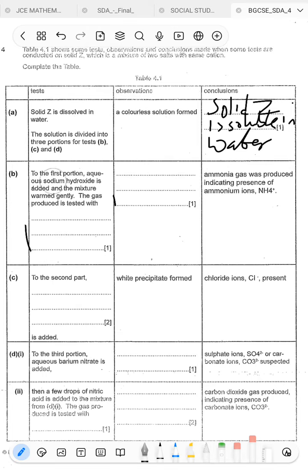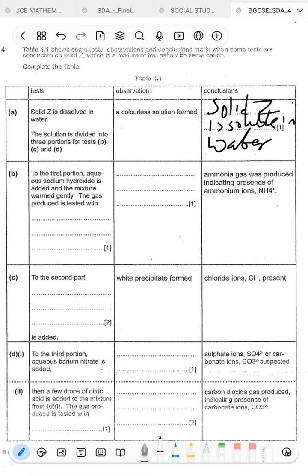Then on the other side it says ammonia gas was produced, indicating presence of ammonium ions. And then you go back to your chemistry. Which reaction that involves ammonium ions gives us a gas? We know that there is only one reaction.